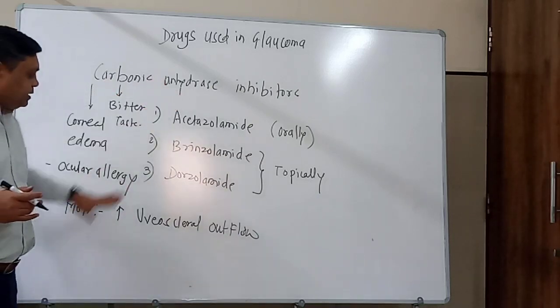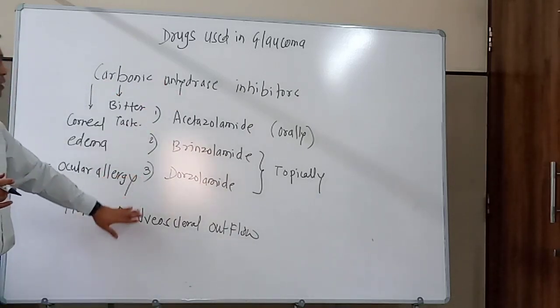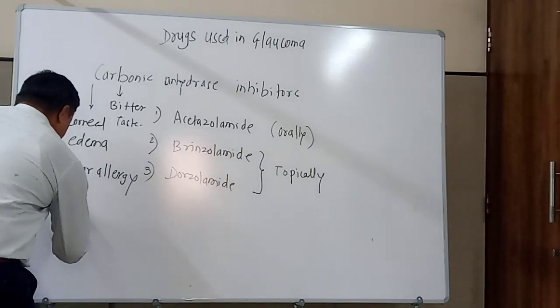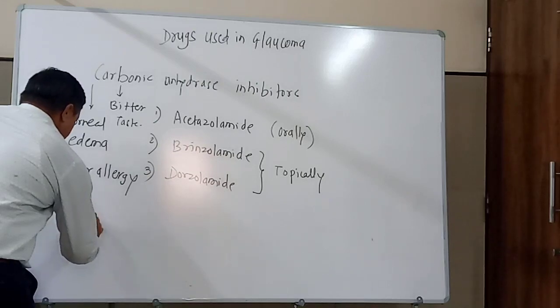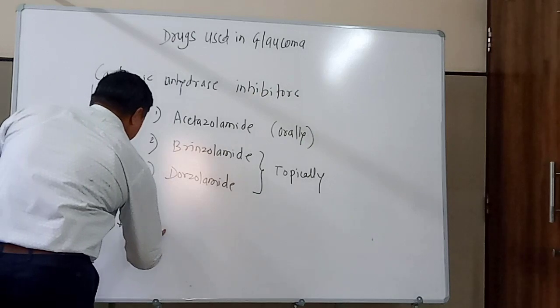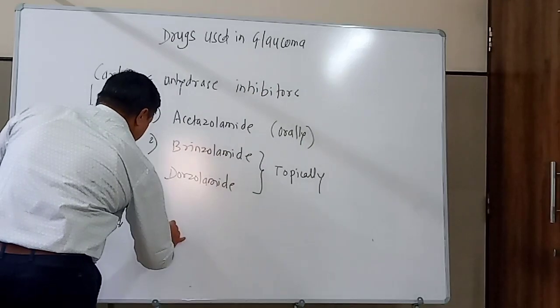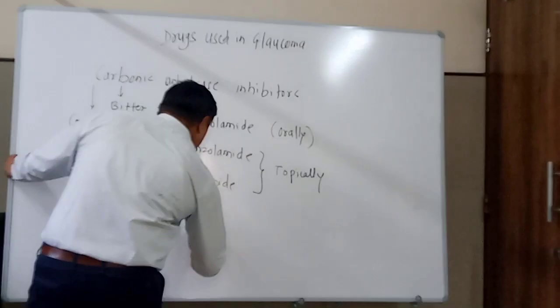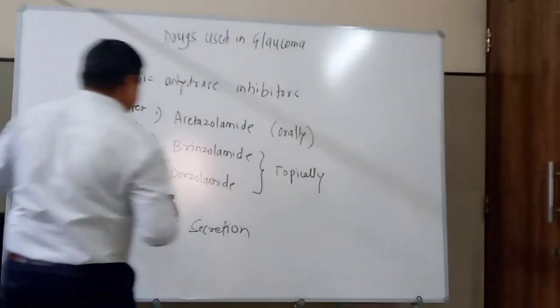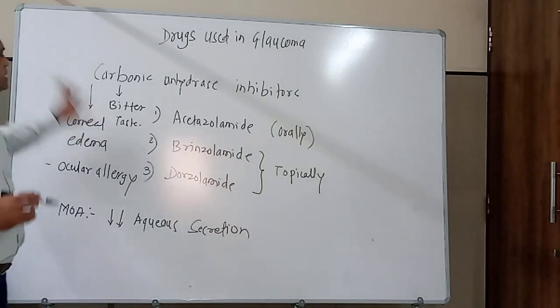Carbonic anhydrase inhibitors act by decreasing aqueous secretion. This is all about these groups.